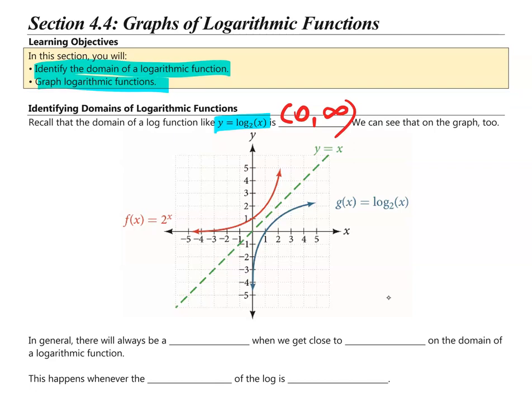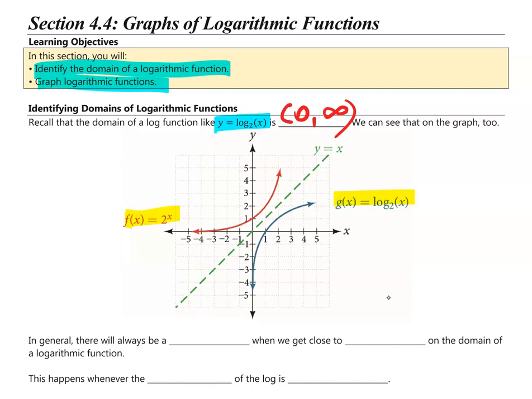The red graph is the graph of the exponential 2 to the x, and the blue graph is g of x equals log base 2 of x. And as you can see here, the domain is from 0 to positive infinity. So that means only positive numbers.